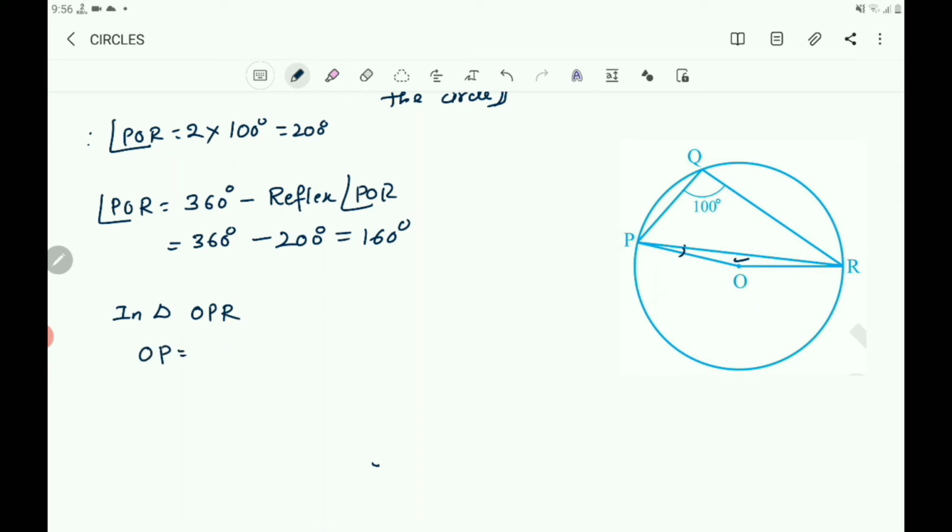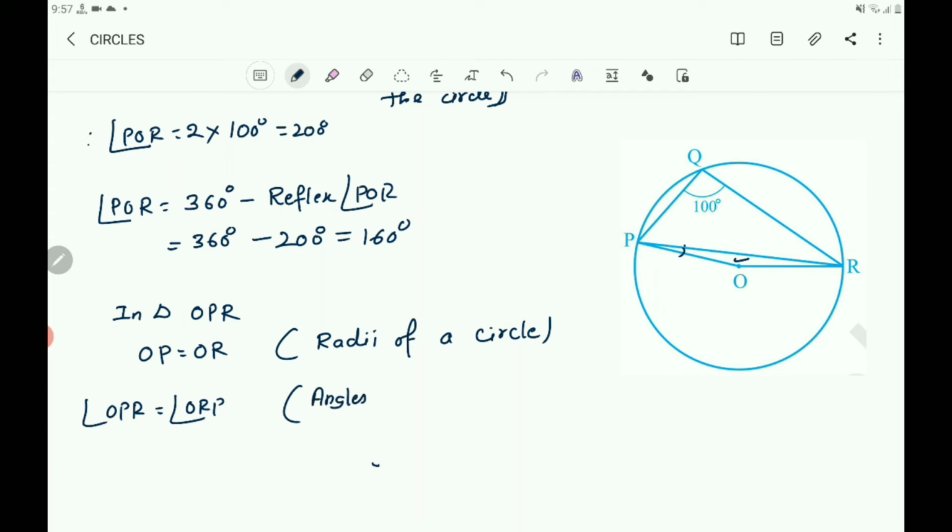OP equals OR, because they are the radii of the same circle. As OP equals OR, you can write angle OPR equals angle ORP. Reason: angles opposite to equal sides.